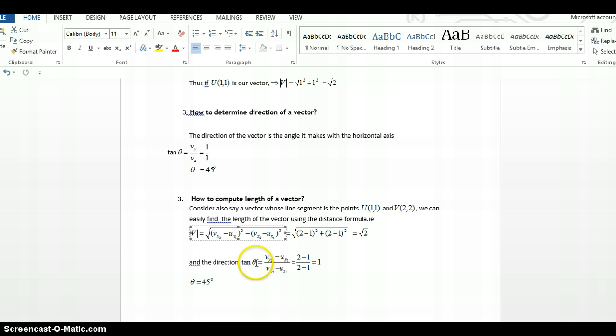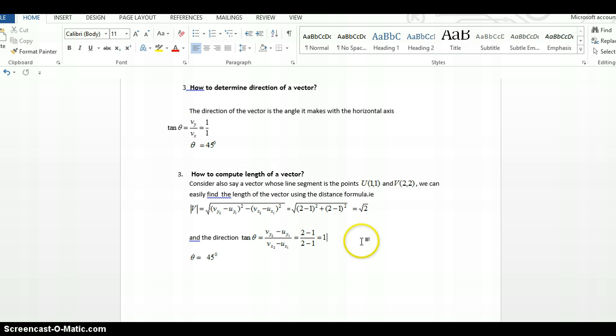The direction of the vector also is (vy2 minus uy1) divided by (vx2 minus ux1), which equals 2 minus 1 divided by 2 minus 1. In computing, there was a little error here originally, but it has been corrected.